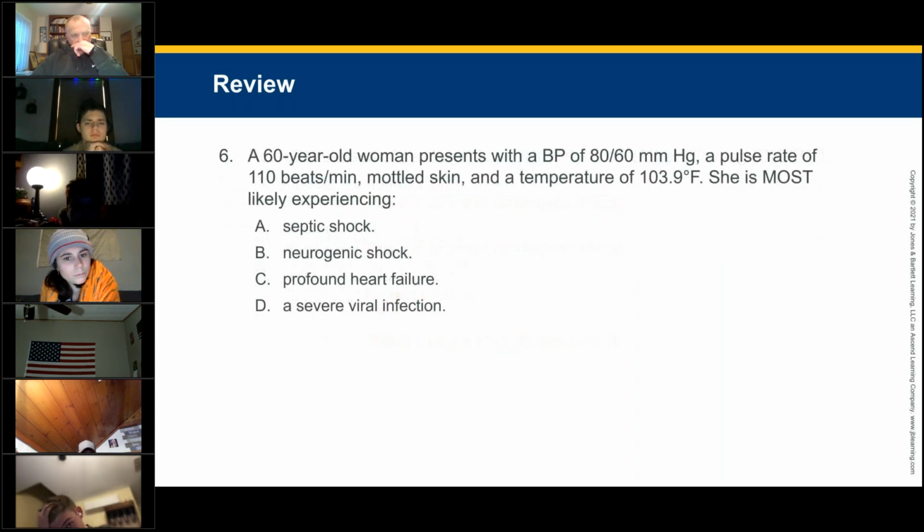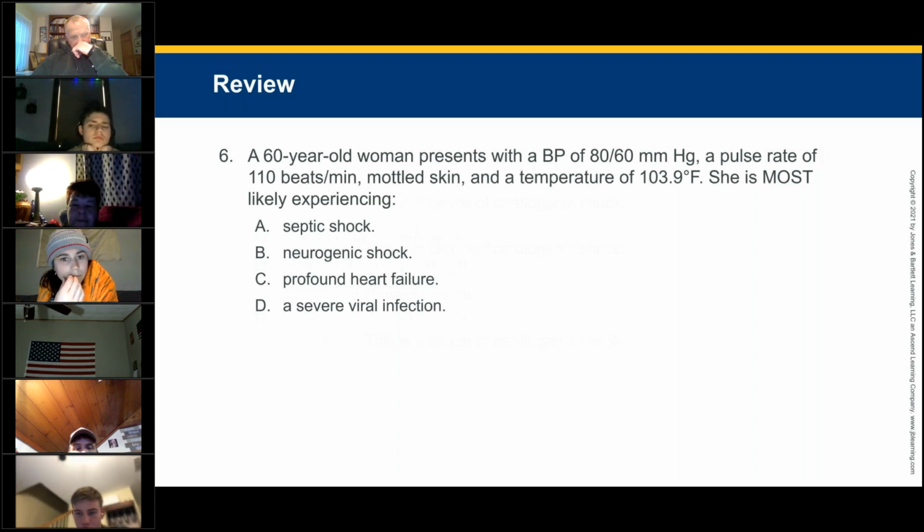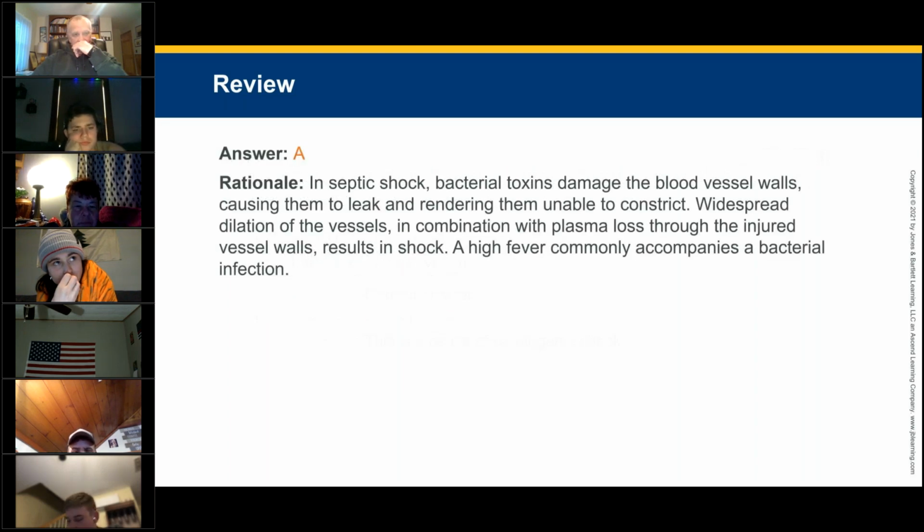A 60-year-old woman presents with a blood pressure of 80/60, a pulse rate of 110, mottled skin, and a temperature of 103.9. She's most likely experiencing which type of shock? Very good. A. Septic shock.